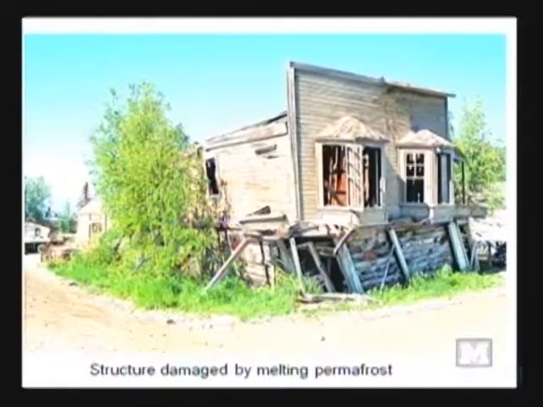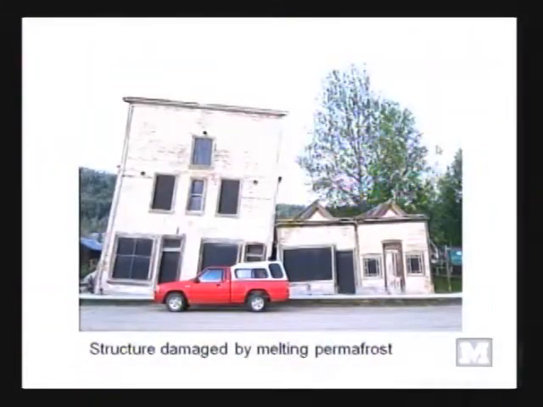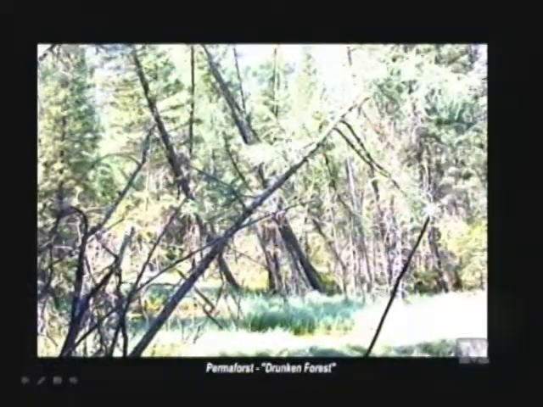Here's a place, Dawson City in the Yukon, where some of the old structures are falling down because of the thawing of the permafrost. Here's another example in Dawson. And there's a phenomenon called drunken trees, where the trees are tilted at odd angles. And this, of course, is because the permafrost has thawed and the stability of the root system has been affected, so the trees are tilting in all different directions.